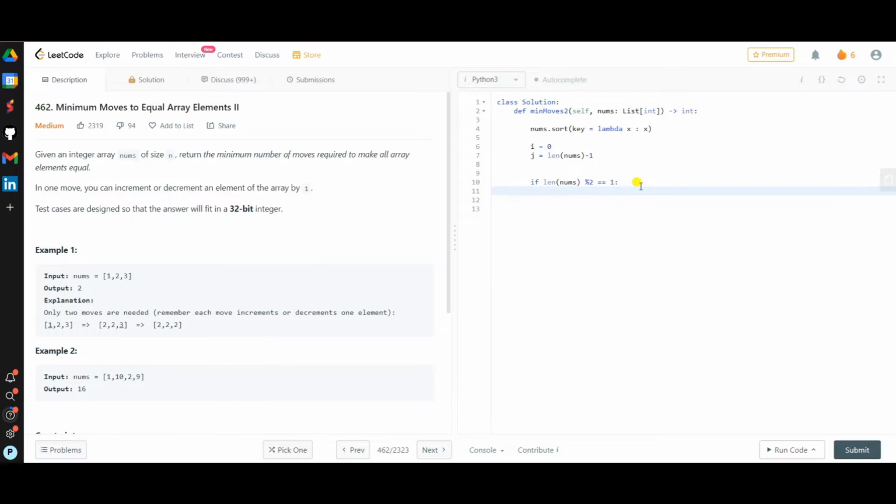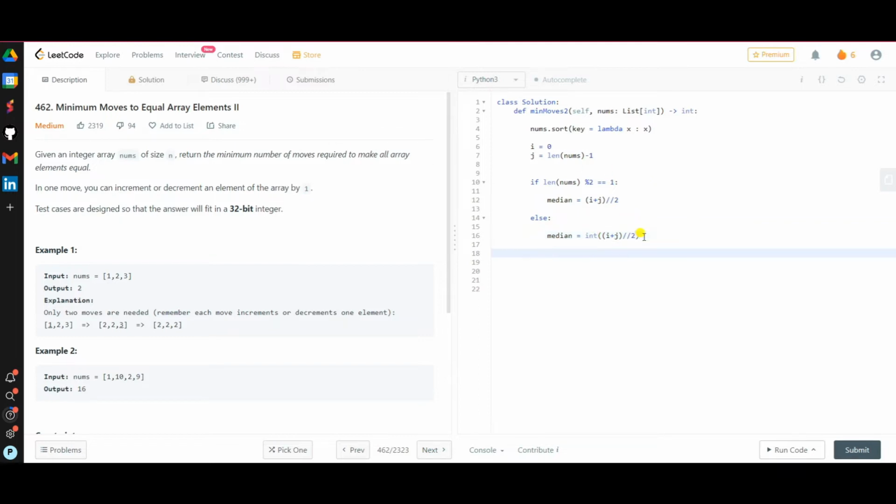So if I have an odd length array, the median would be i plus j divided by 2. Otherwise, if I have an even array, median is equal to i plus j divided by 2, and then we change it into an integer. So if it's 1.4, it gets to 1.